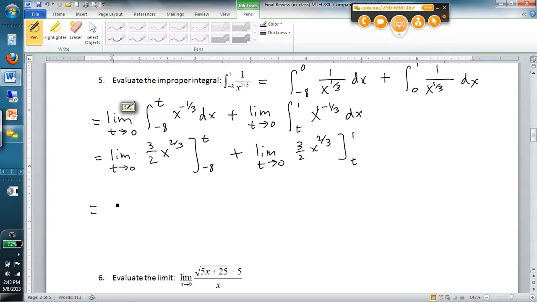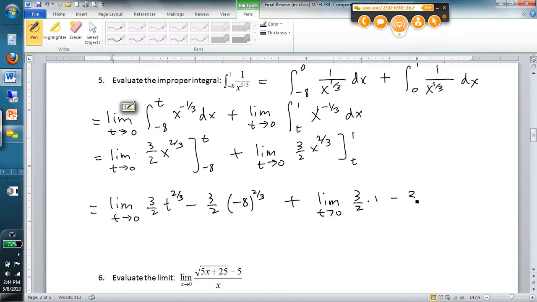Plug those in. I'll have the limit as t goes to 0 of 3/2 t to the 2/3 minus 3/2 times -8 to the 2/3. And then over here I'll have the limit as t goes to 0 of 3/2 times 1 to the 2/3, which is 1, so it's just 3/2, minus 3/2 t to the 2/3.